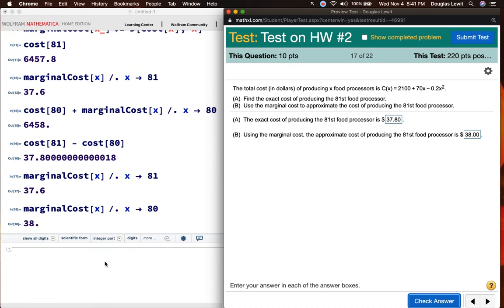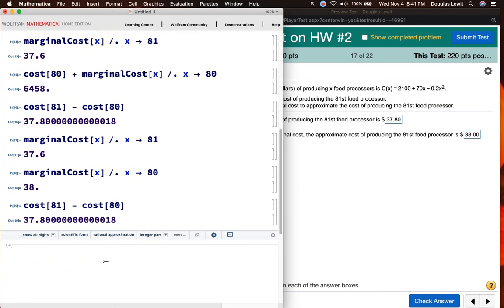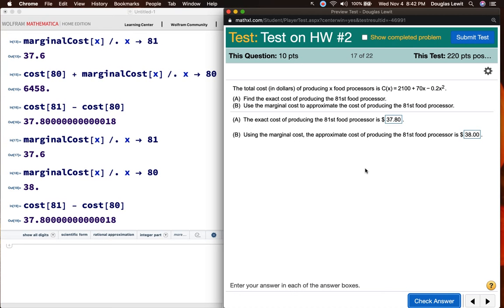So to do that, what did I do? I took cost of 81 minus cost of 80, and that gives me $37.80, which is the cost of producing the 81st food processor. Using the marginal cost, the approximate cost of producing the 81st food processor is $38.